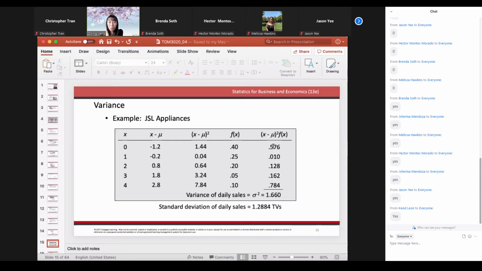So we got that for all the x values and finally take the sum. And that is the variance of this random variable. And the square root of that, 1.2884, is the standard deviation of TV sales.